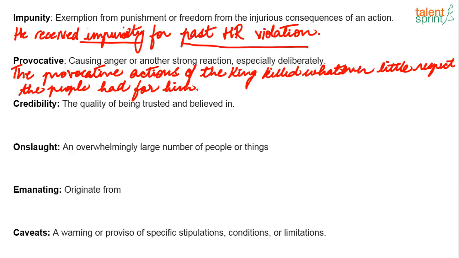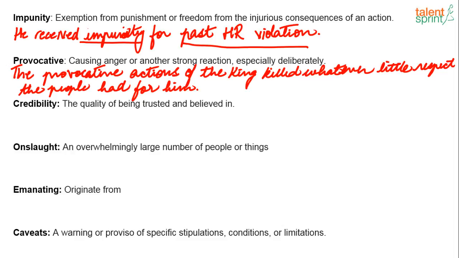So now, if you notice, what does this mean? The provocative actions of the king killed whatever respect the people had for him. Killed whatever little respect people had for him means that people anyways had very little respect for the king, and now what he did killed that remaining part of the respect also. That remaining respect that people had for the king also just went away. So whatever the king did made people really angry. It caused them to be extremely angry.